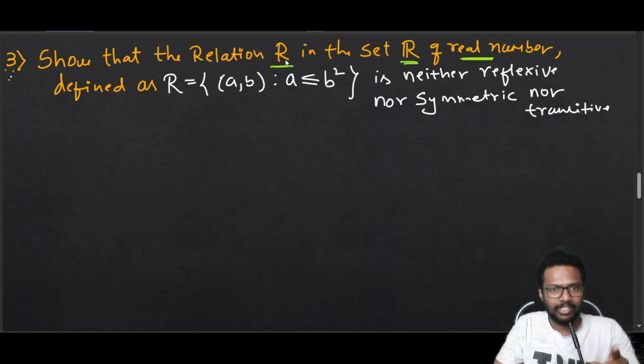This first R is a relation, and in the set this second R is the real numbers. So this relation is defined on the real numbers. In the previous question the relation R was defined on the integers; in the same way they have given real numbers here.